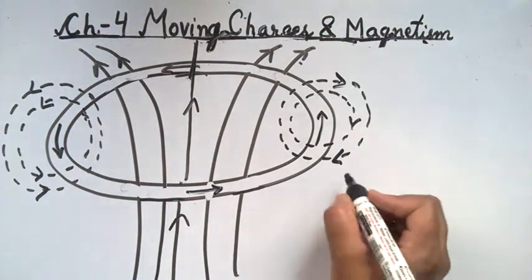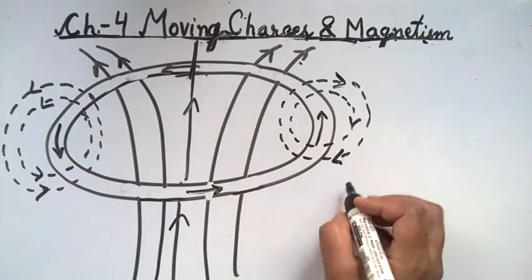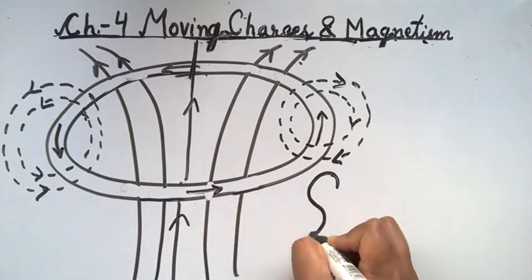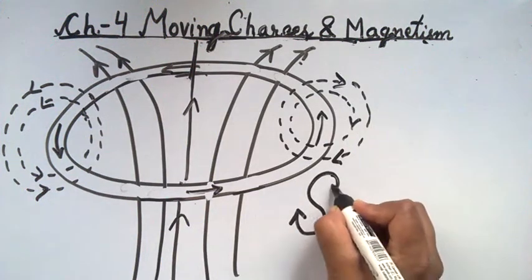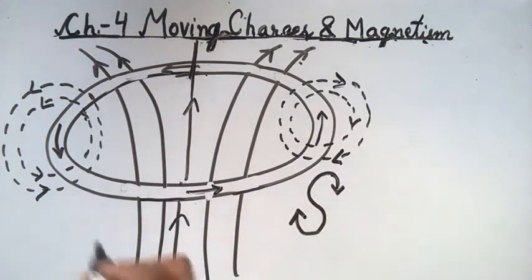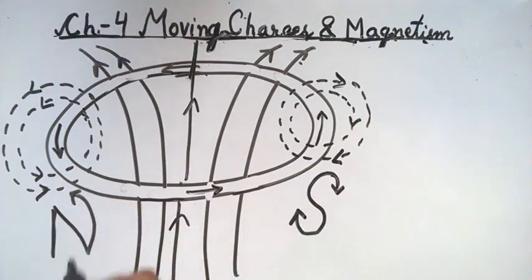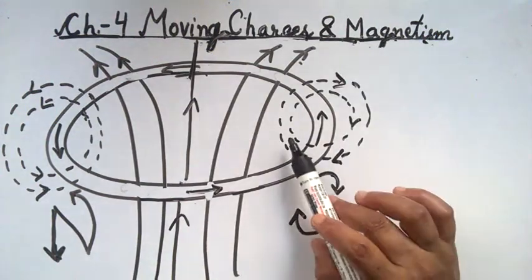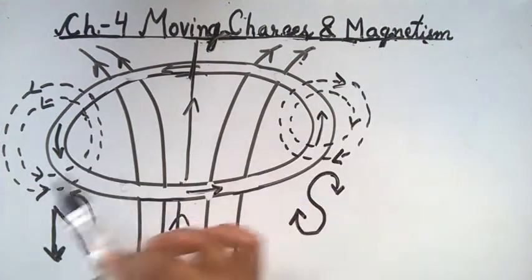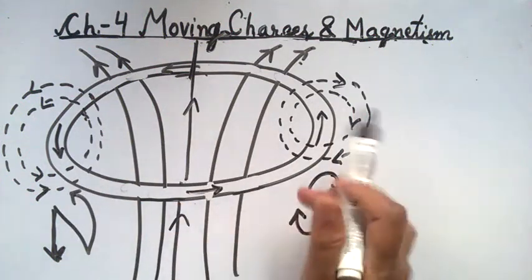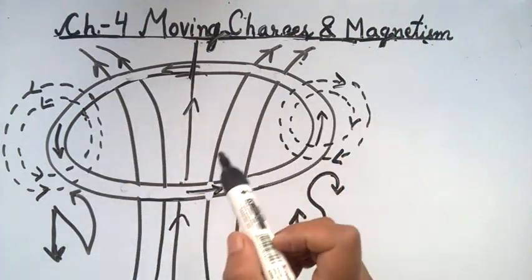Or we can see that a current carrying coil shows two poles, that is, two magnetic dipoles are formed when the current flows in a current carrying wire.